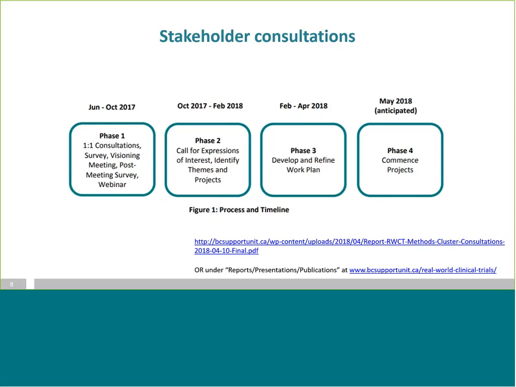From phase 3, the work plan was developed and it went through internal review within the support unit, within the Science Council. The Science Council is comprised of the leads of all the clusters, as well as the scientific director of the methods cluster, Dr. Sterling Bryan.